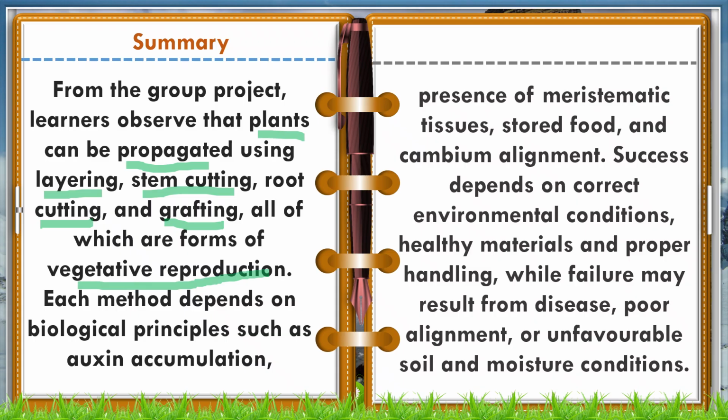Each method depends on biological principles such as auxin accumulation, presence of meristematic tissues, stored food, and cambium alignment.